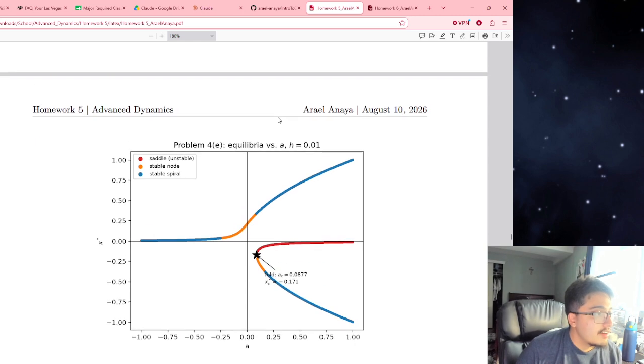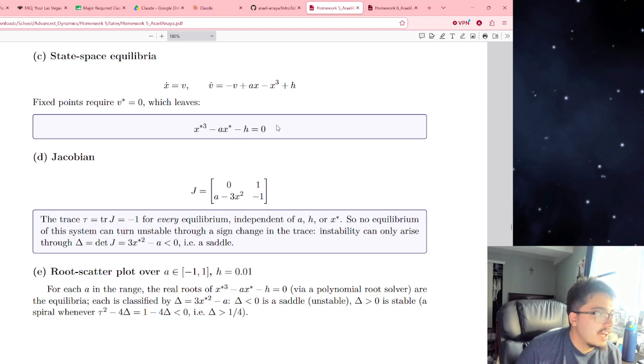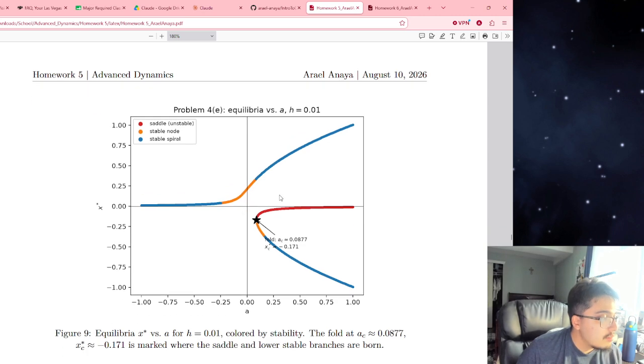Then I went ahead and generated this bifurcation plot that's essentially just showing a over what our x star root is. So we're solving out that polynomial based on what a is, and then we're determining if that would be stable or unstable. And what we see is that for a less than 0, we start as a stable spiral.